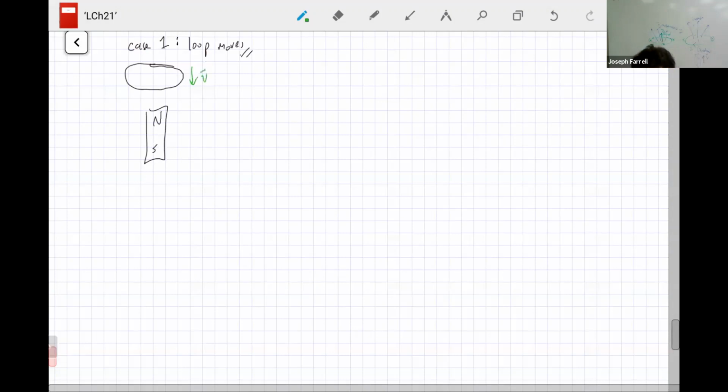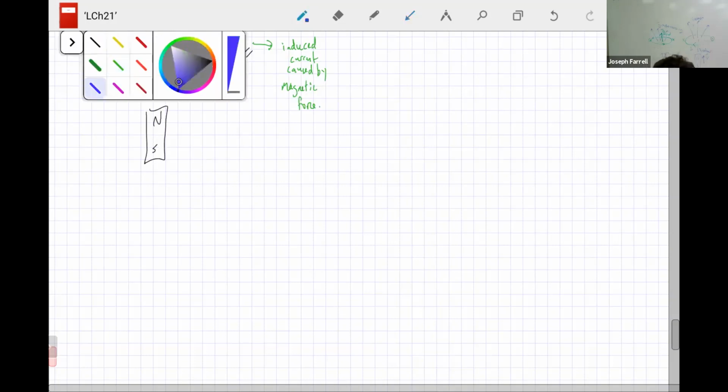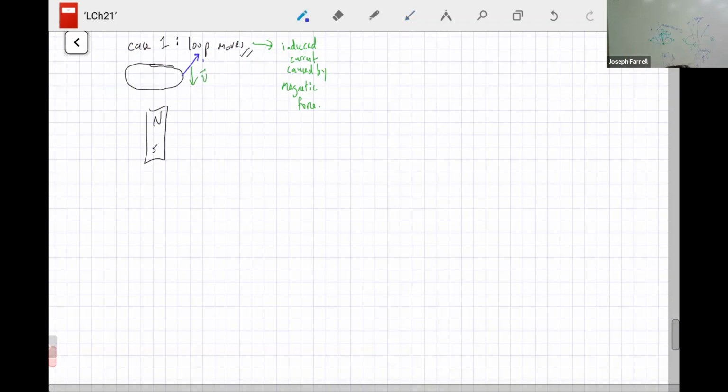So what's happening in this case, we can think about the reasoning for the induced current is caused by magnetic force in a way, because you've got a V and you've got a B. If you want to think about the direction of the force here, B is up like that.